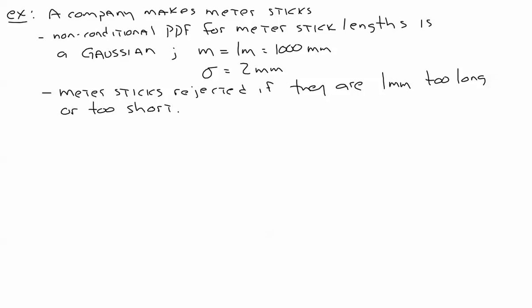That means that the meter sticks are going to be assumed to be of appropriate quality if they lie between 999 millimeters and 1001 millimeters.